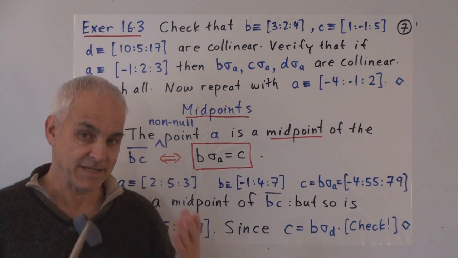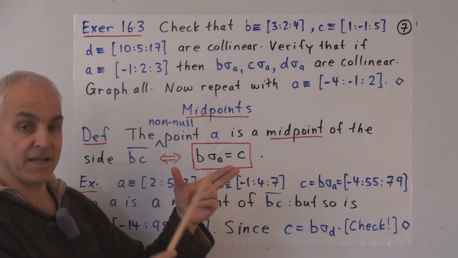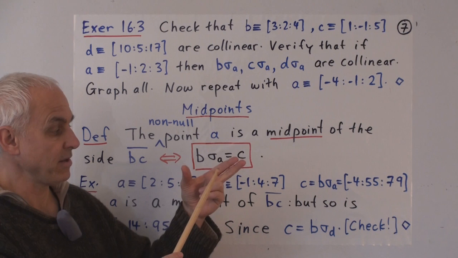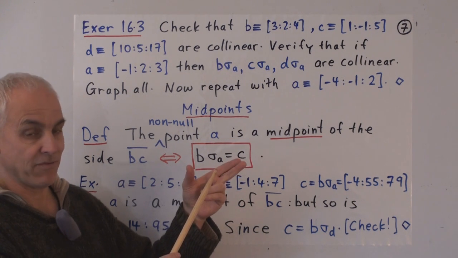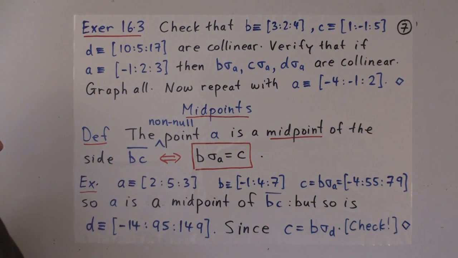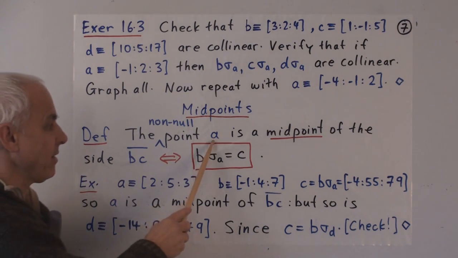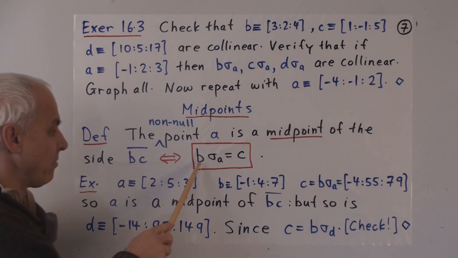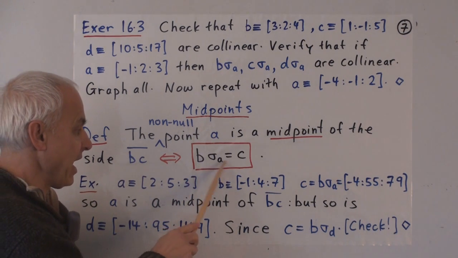Well, the some sense in this case is that if we reflect in that middle point, then this point B gets sent to this point C, and conversely this point C gets sent to this point B. So that's our definition. The point A is a midpoint of the side BC, precisely when the reflection of B in A is C.